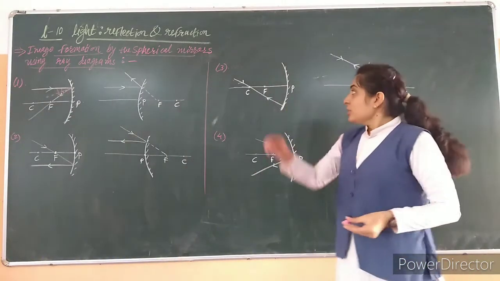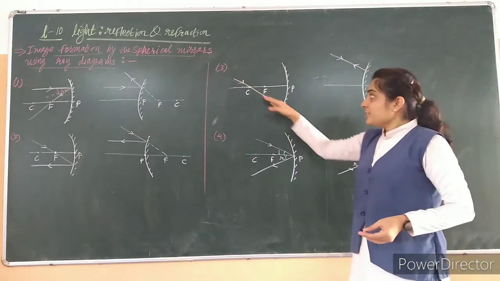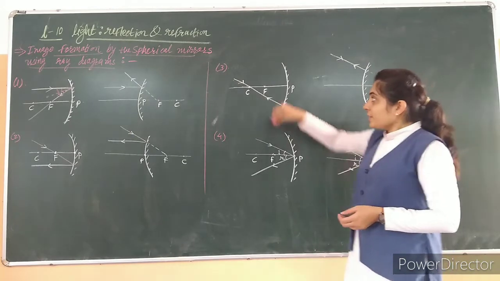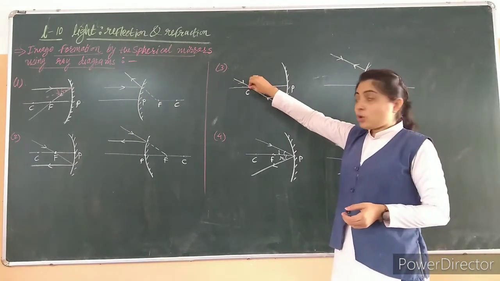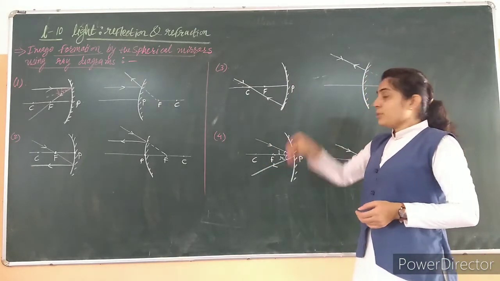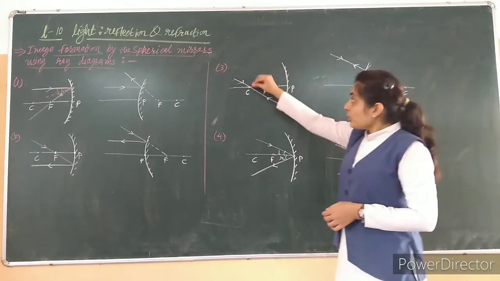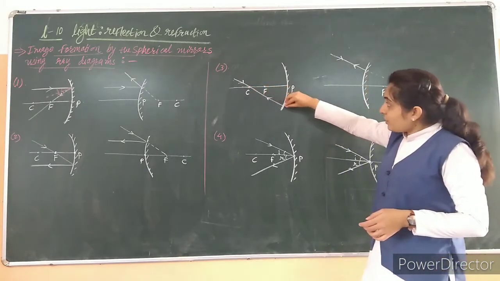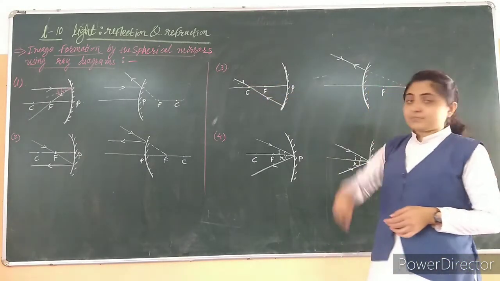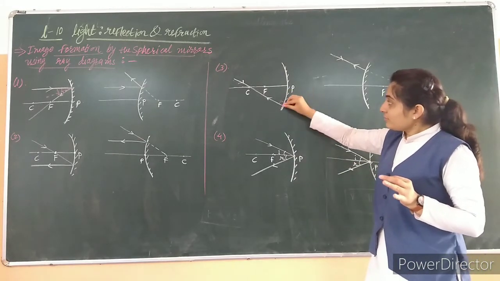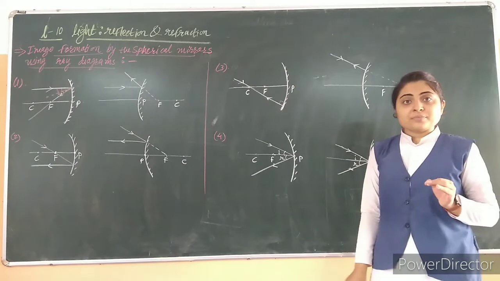Third ray: if any ray is passing through the center of curvature. Now understand here, C is the center of the sphere of which our mirror is a part. So if a ray passes through the center, it means this makes a radius, and we know that the radius is perpendicular to the surface, right?